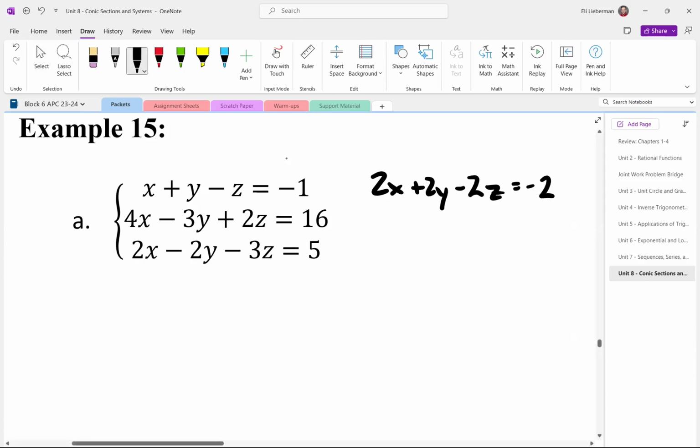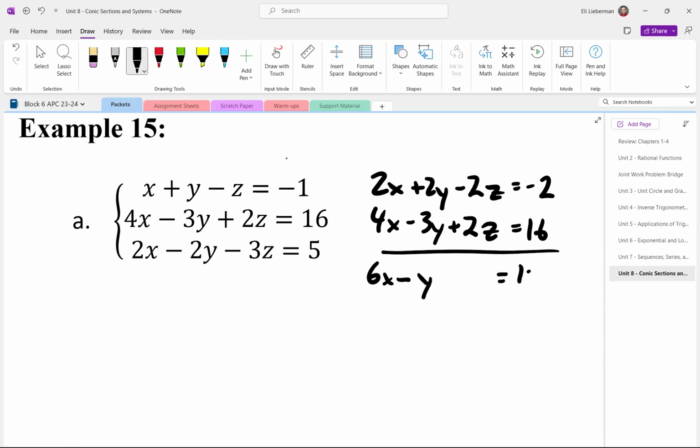Now that we have Z's, you may want to start putting a cross through your Z's, otherwise they'll look like twos. So we have 6x minus y equals 18. Did I do that right? Oh, it's -2. Thank you. Good catch. One of those little errors throws everything off.